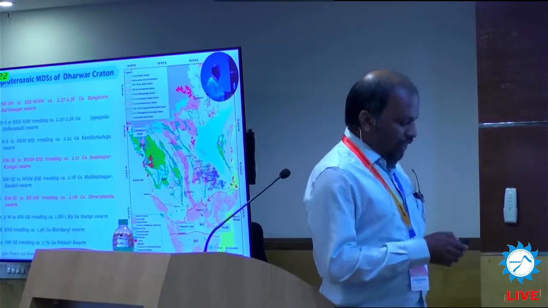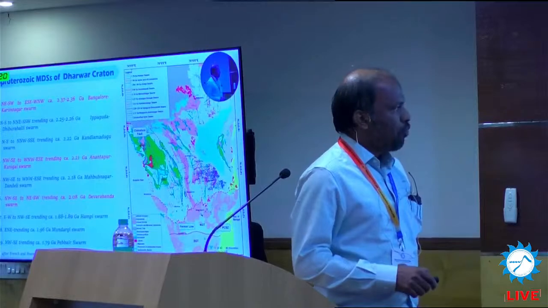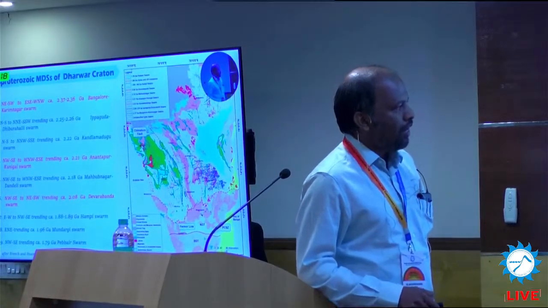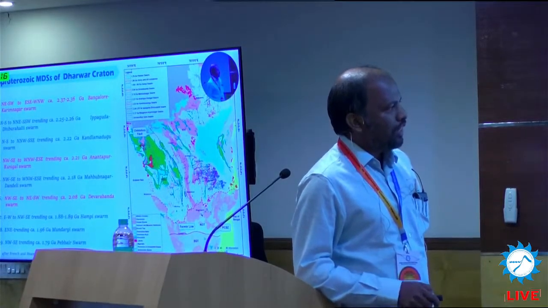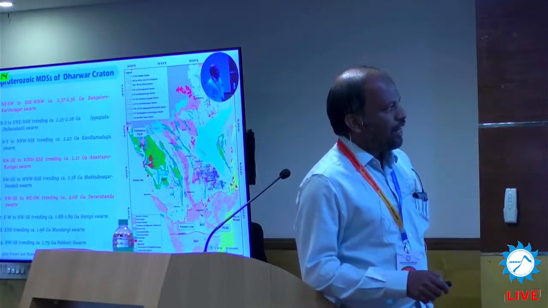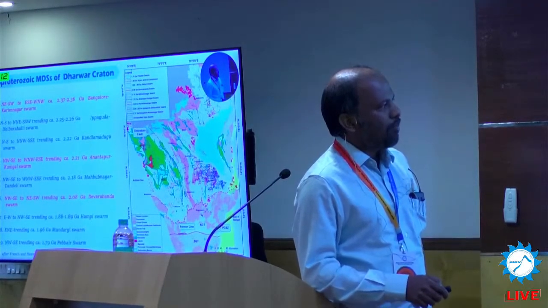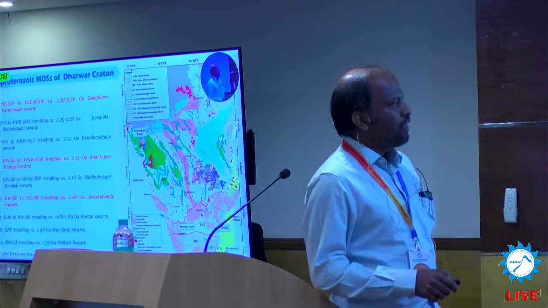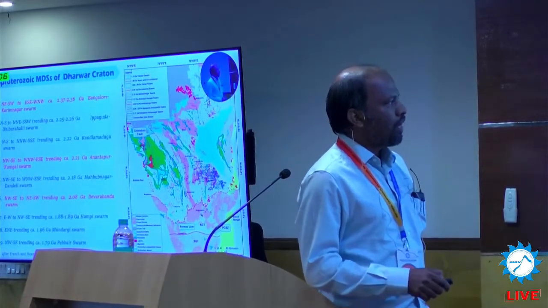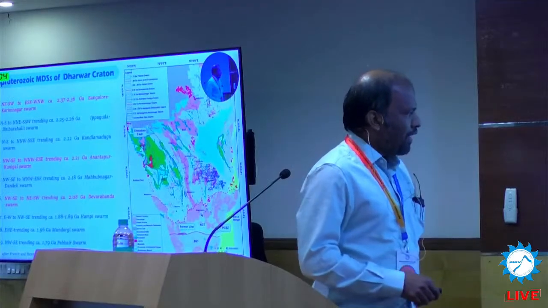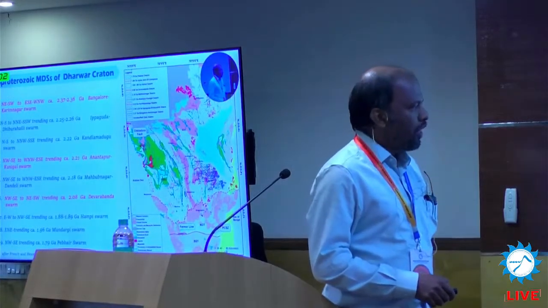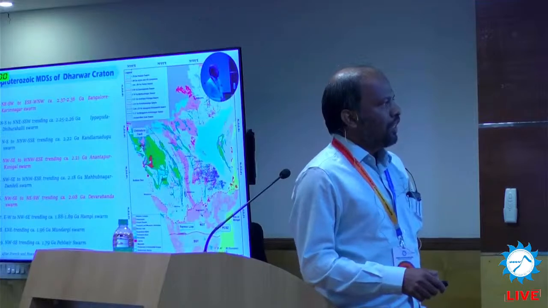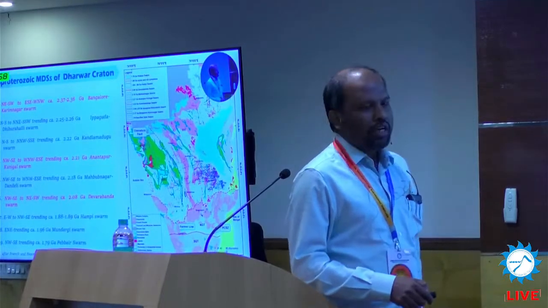Coming to another classical radiating swarm, that is 2.21 Ga, the purple color. These dike swarms are northwest trending in the Anantapur area, and they are east-west trending in the Hyderabad area, where we suggest that the plume center is located somewhere in the northwestern part of the Dharwar craton. Another classical radiating geometry, the 2.08 Ga swarm, which is well distributed around the Kadapa basin.